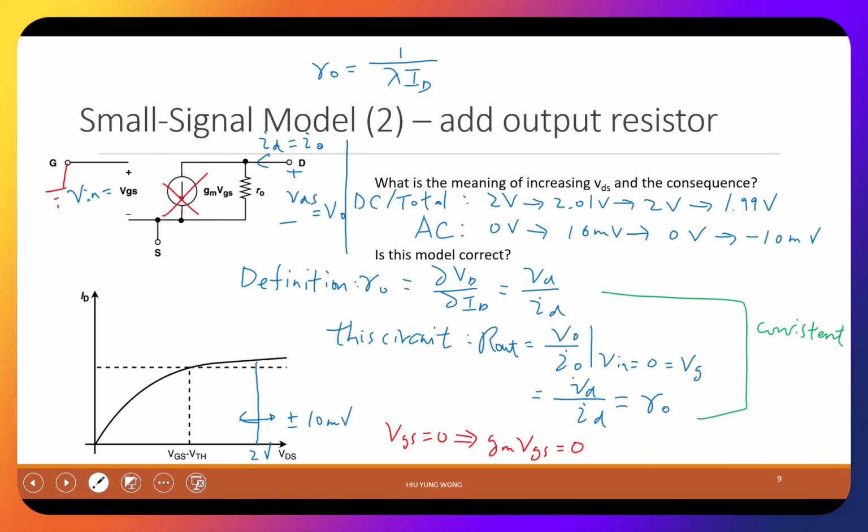So remember, R0 is not a physical transistor. And gm, this voltage controlled current source, is not really a voltage controlled current source. You cannot make it; it needs to be a very complicated circuit to have a perfect voltage controlled current source. Again, this is just a model to model the transistor.